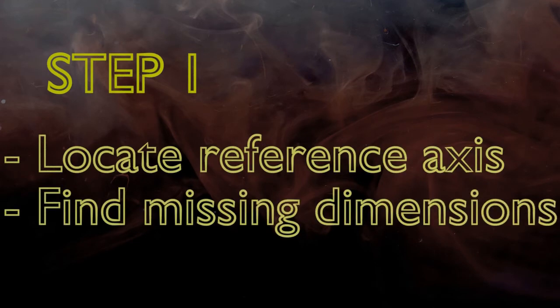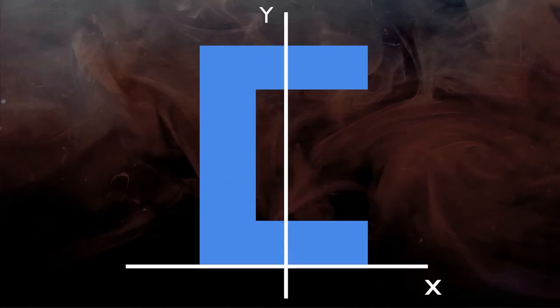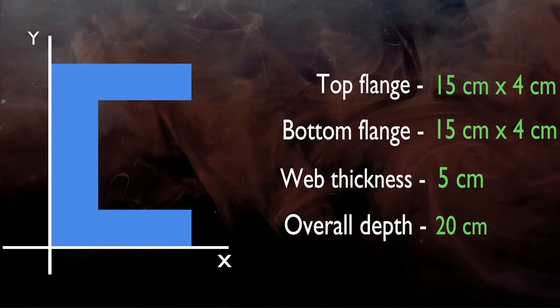Now, the very first step is to locate the dimensions and reference axis and find out all missing dimensions. Place x-axis at the bottommost plane of the section and y-axis at the leftmost section. We will show all dimensions on the cross section itself for convenience.